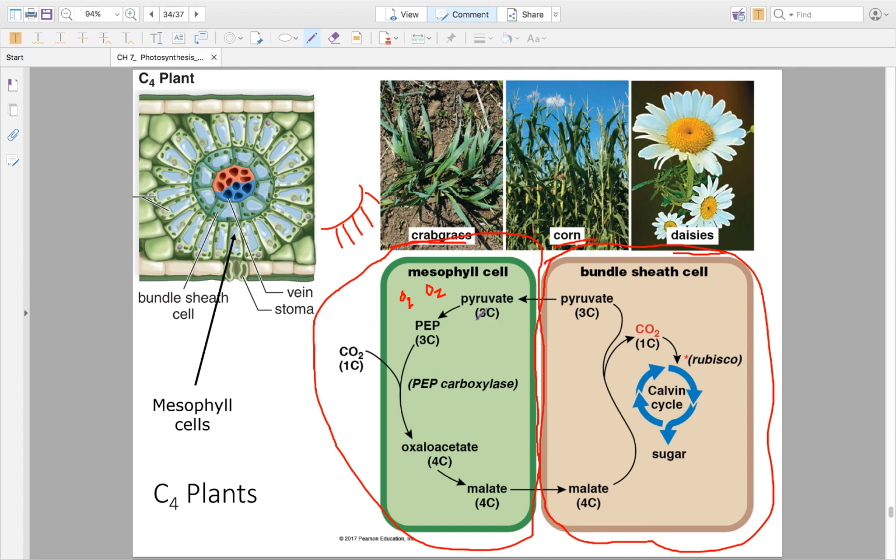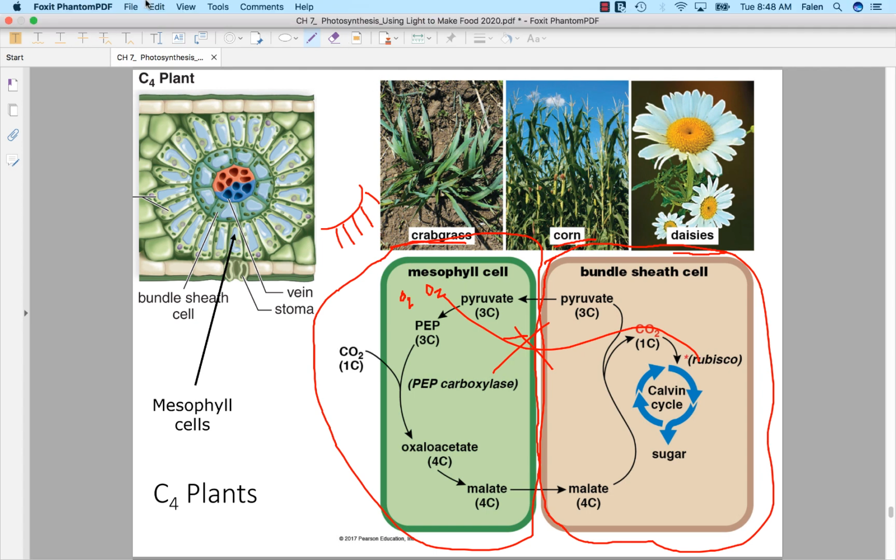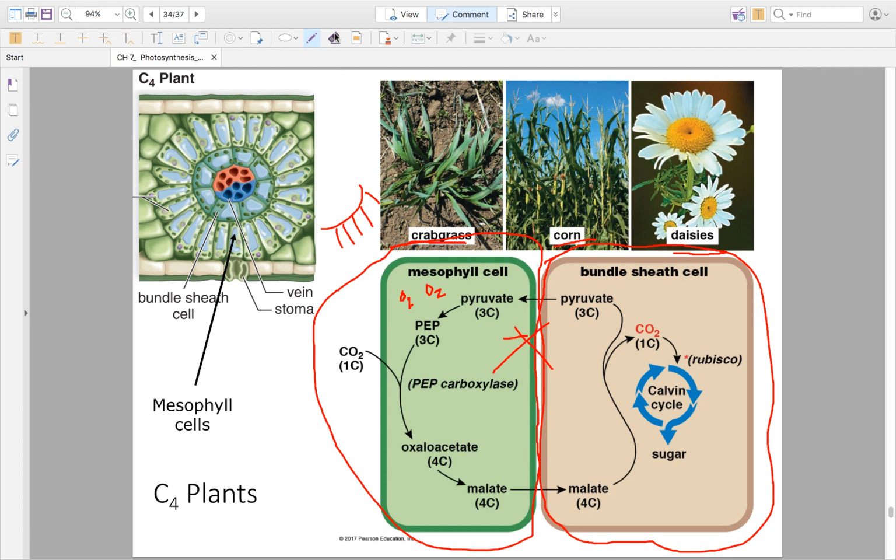But if they can never physically get in contact with each other, like in this situation, they can't touch. Oxygen cannot reach Rubisco. So because of this pretty brilliant anatomy, in my opinion, C4 plants do not have the problem of photorespiration.